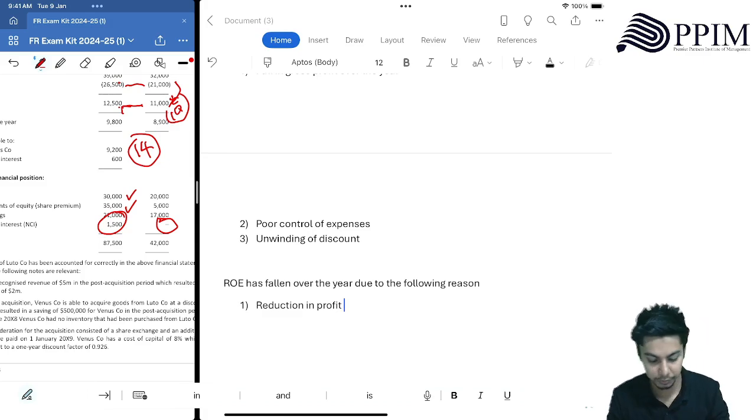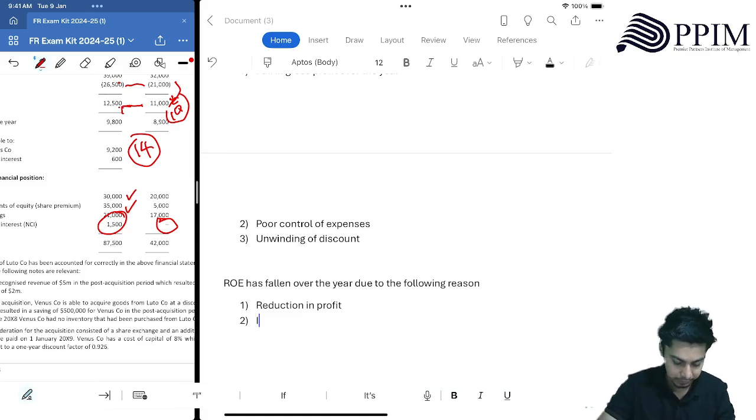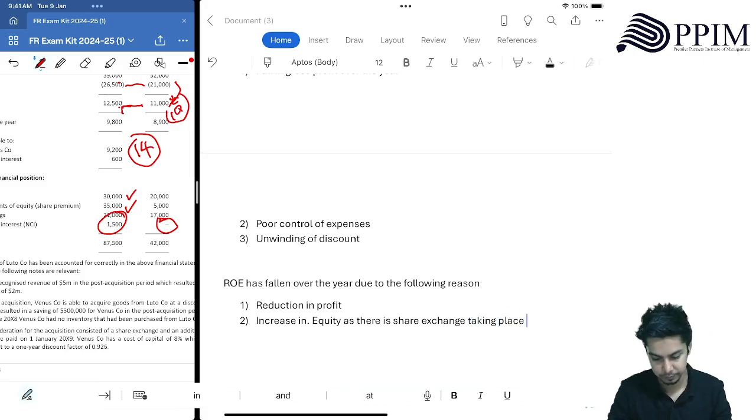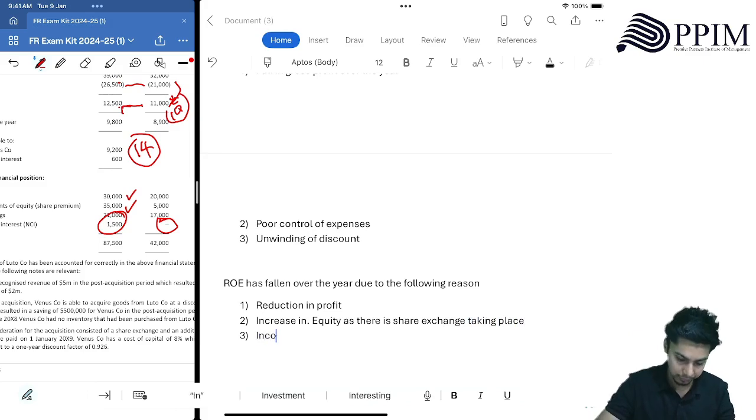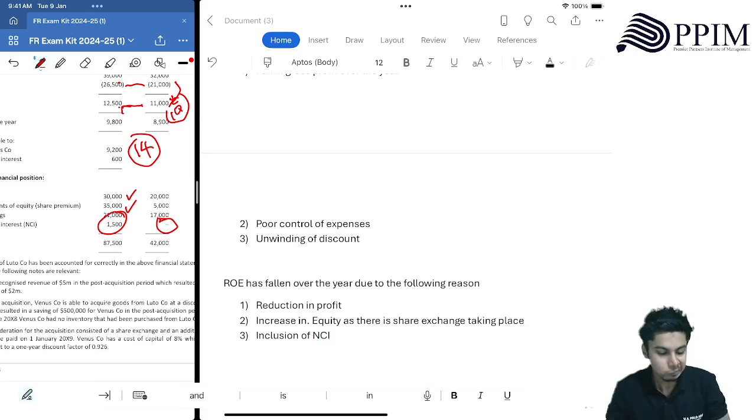Okay, reduction in profit. Increase in equity, as there is a share exchange taking place, and the inclusion of NCI. Okay, inclusion of NCI.